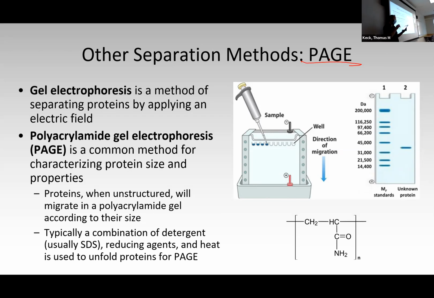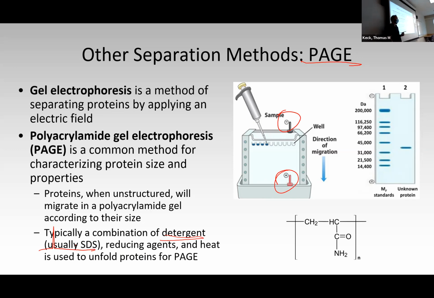But polyacrylamide gel electrophoresis, you make this gel matrix of acrylamide. You put your samples up at the top. You put a positive charge at the bottom and a negative charge up at the top, and proteins will migrate towards that positive charge. Why? Because you usually use some detergent that coats your proteins in a negative charge.